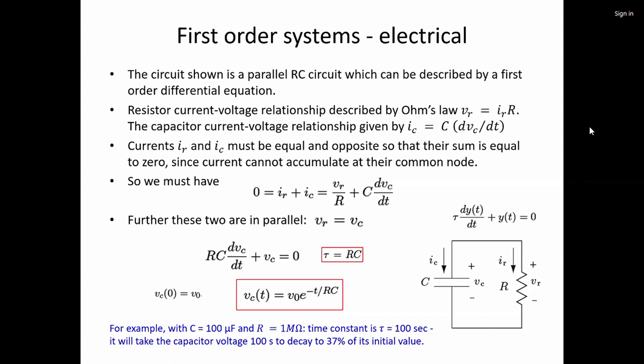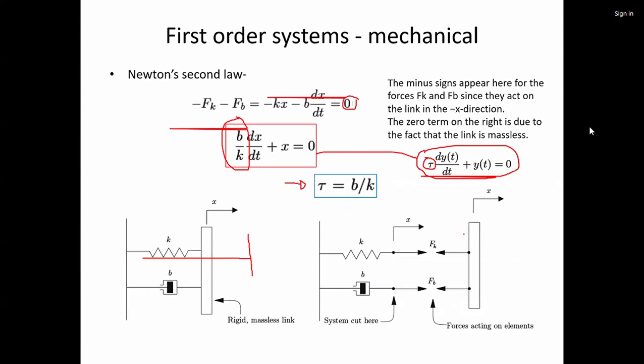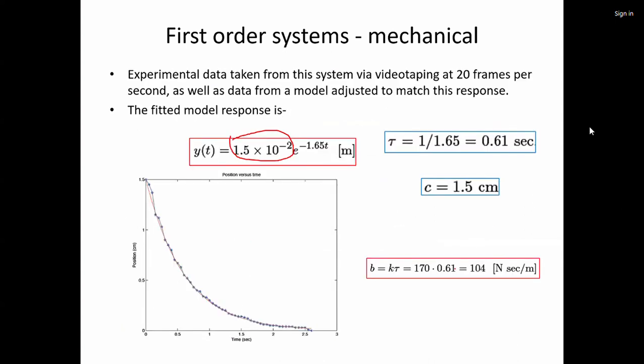How is the value of K 117 in the previous one? So here we have basically taken an example where K is 170 and tau happens to be 0.61. So these are examples that we have taken, okay, for a specific case. But for an actual system, if they have given you the value of B or K, you can actually find tau. Okay, this is just an example.